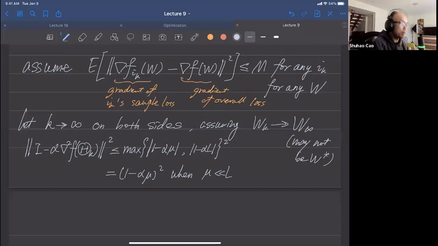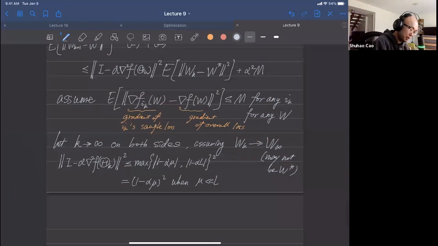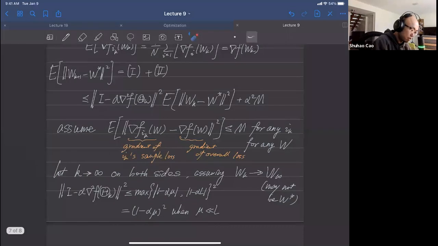So now we have our final result. When we let the left side go to infinity, we have 1 minus alpha mu squared, and this is the same limit here. So let's write down the limit.